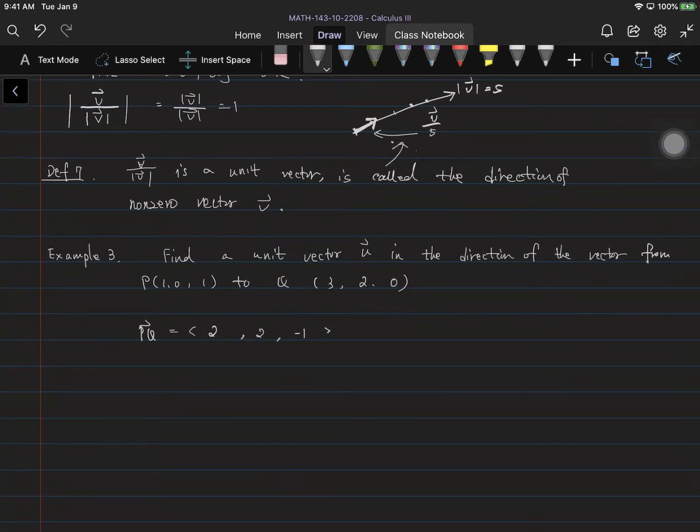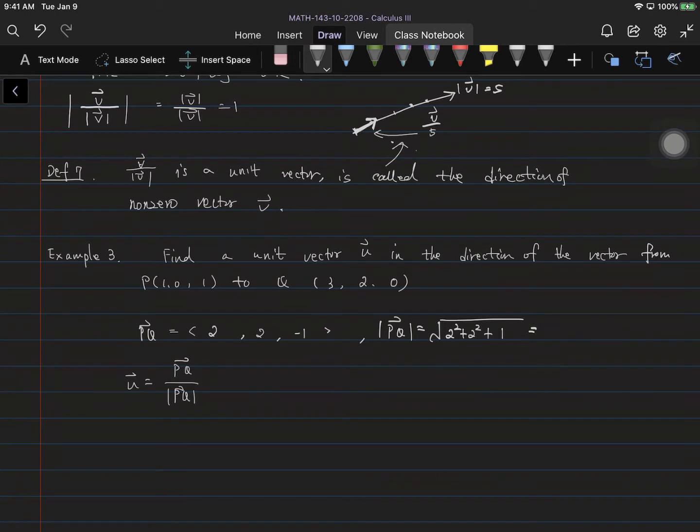Now, the unit vector needs to use the PQ vector. We are looking for the vector divided by its length, so we need the length of this vector. The length of the PQ vector is the square root of v1 squared plus v2 squared plus v3 squared. So 2 squared, 2 squared, 1.